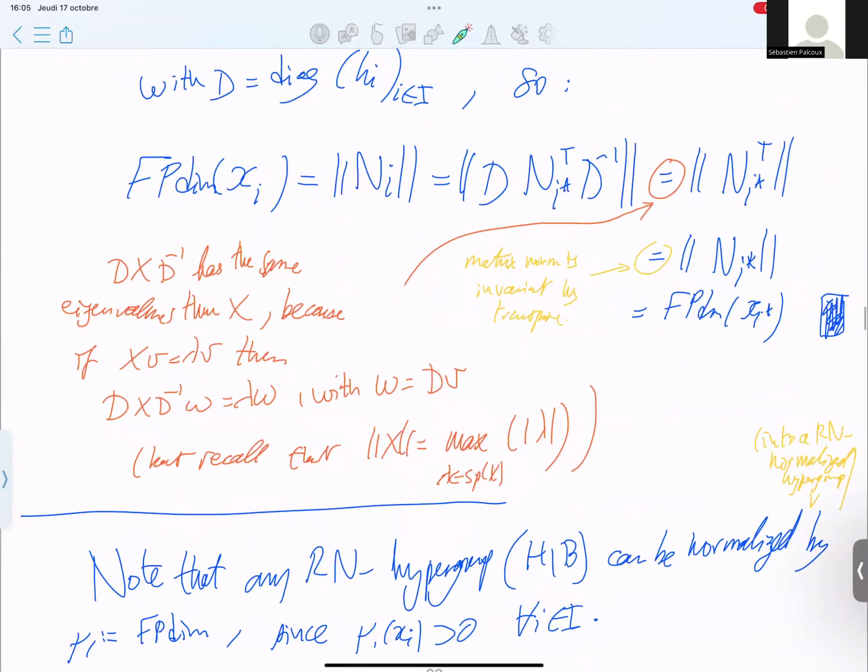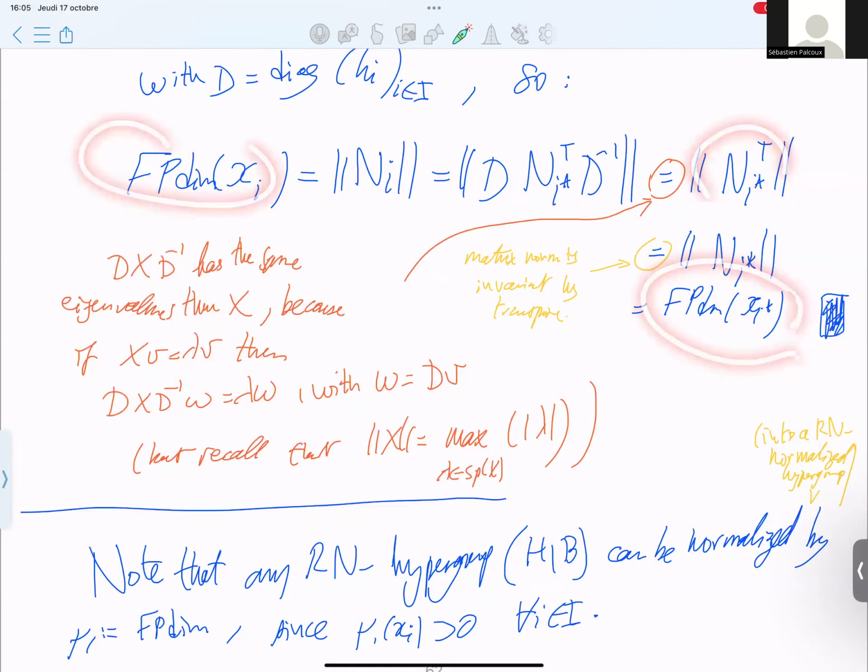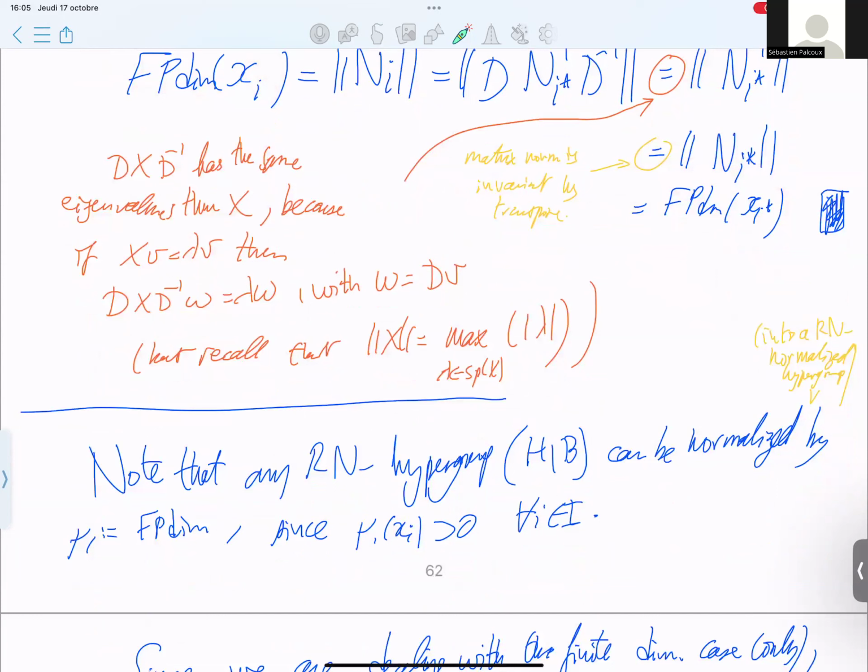So let me just finish. You can remove the D by this argument, by some eigenvalue, etc. And so this is the Frobenius-Perron dimension of the dual. So we get this equality, and we can make the pause now.